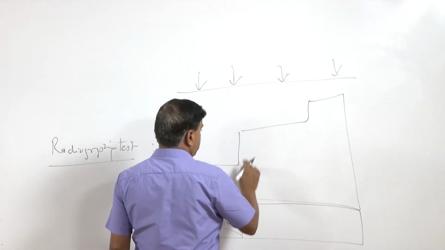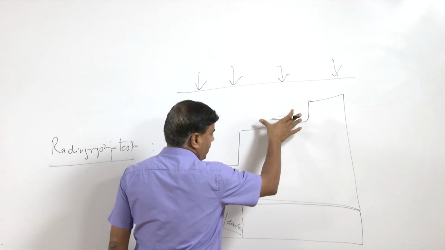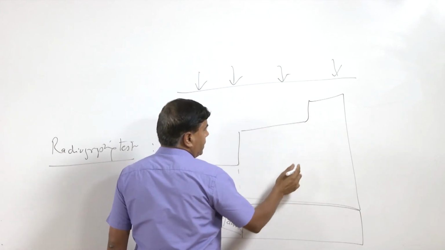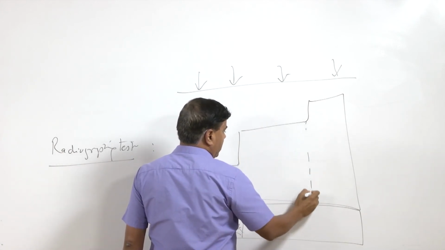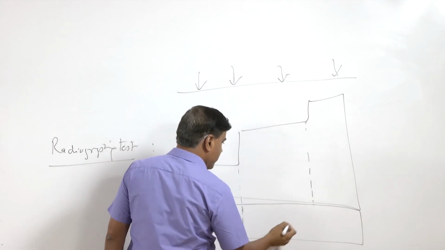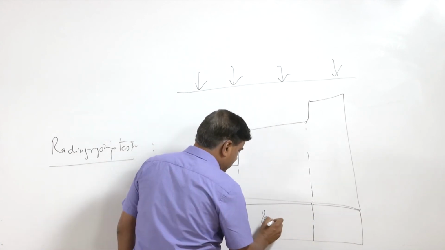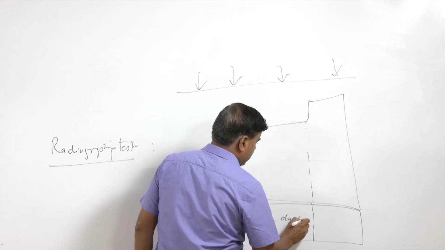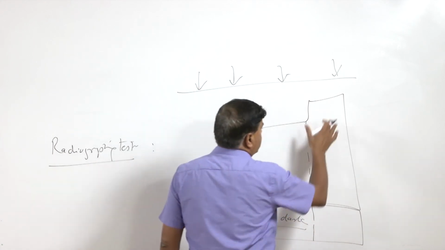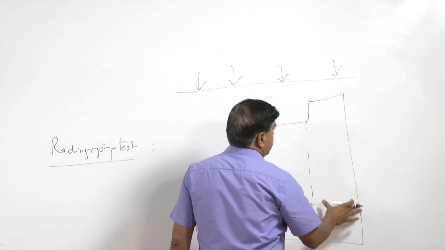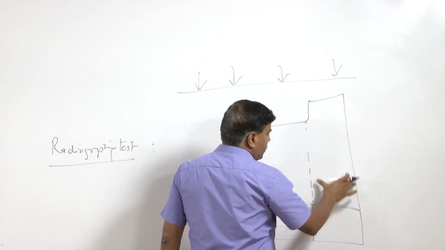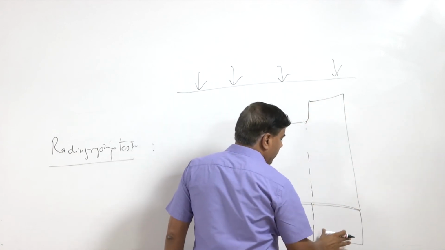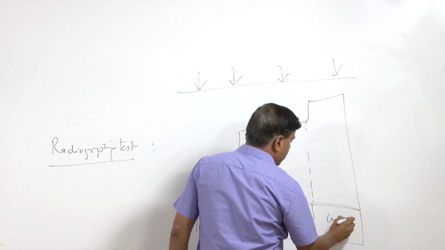In this section there is more distance to be traveled through the metal, so most of the rays will be absorbed and weakened, so it will be somewhat less dark. Here most of the rays will be absorbed, so it will be very light.